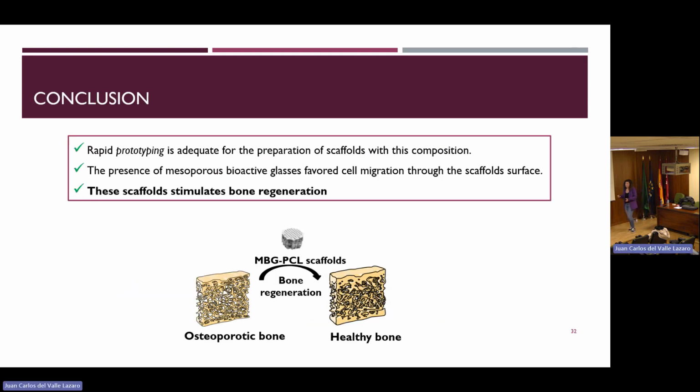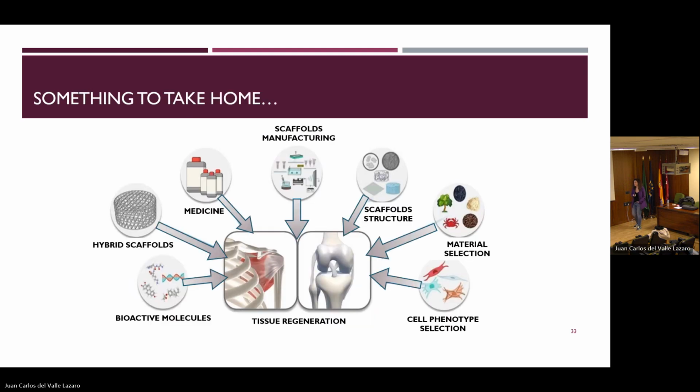So those scaffolds were very interesting to regenerate bone, and this rapid prototyping technique is very interesting to use to prepare those kinds of constructs. And of course, the mesoporous bioactive glass has a lot of activity in terms of regeneration, helping the migration and the cell colonization in the constructs.